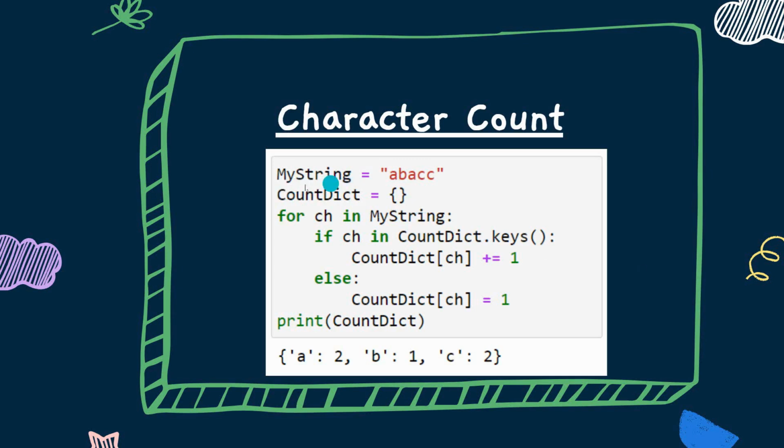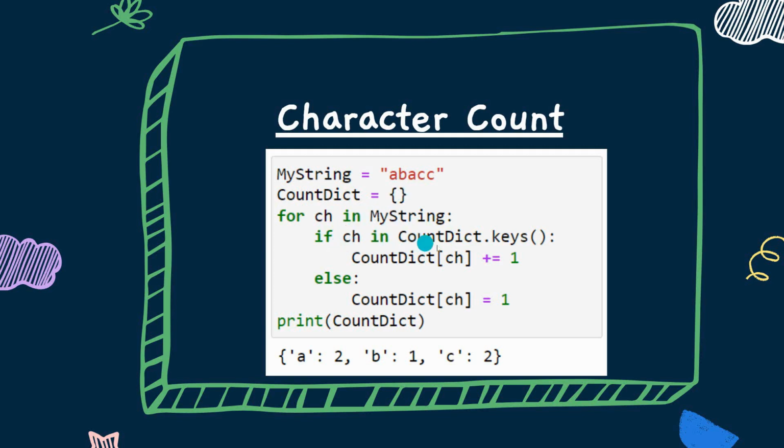Here I am taking my string object with a string literal A, B, A, C, C, and then I am taking an empty dictionary, countDict. Then I am going to access each character from my string. For that I am using a for loop. Because of this for loop, in the first iteration ch will take the first character in myString, that is A. In the second iteration ch will take B, and so on.